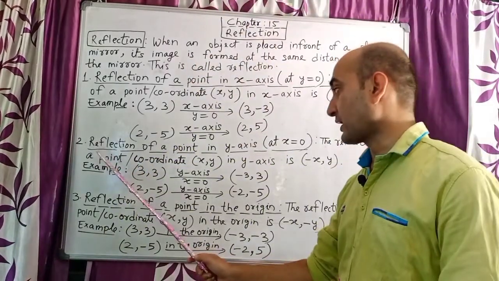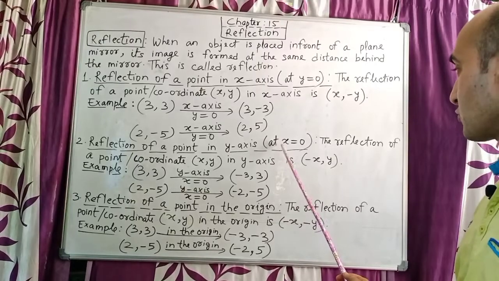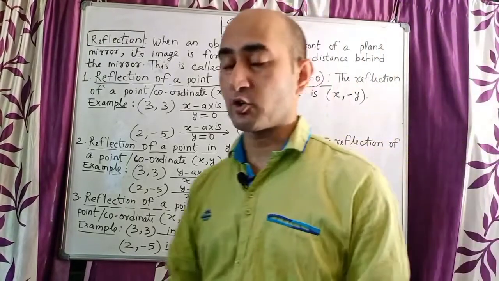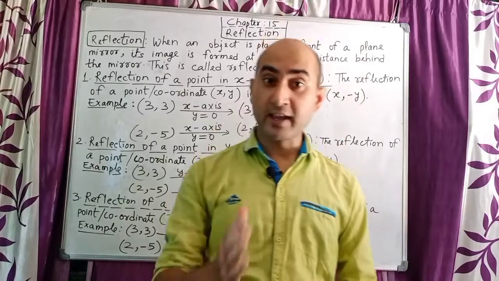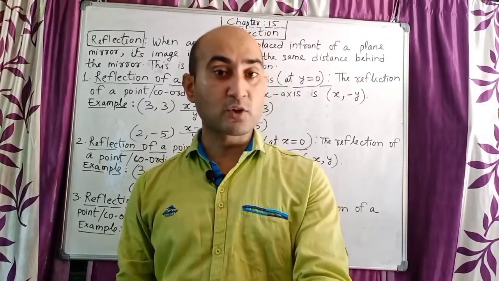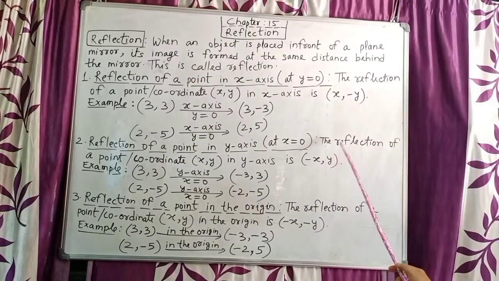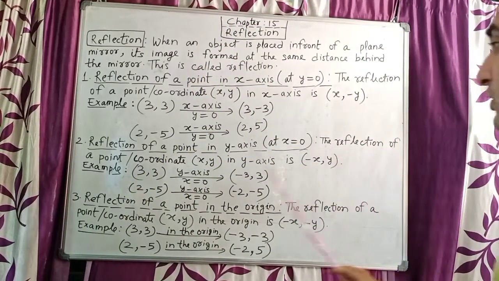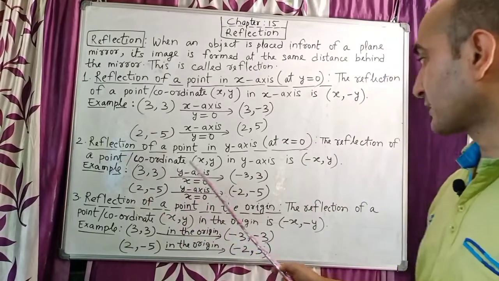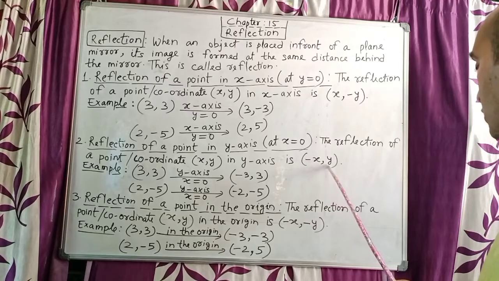Come to the second formula. Reflection of a point in the y-axis. The y-axis is also called x equal to 0. That means in the y-axis the value of x is always 0. So y-axis and x equal to 0 mean the same. I have a sentence here. The reflection of a point or coordinate x comma y in the y-axis is minus x comma y.